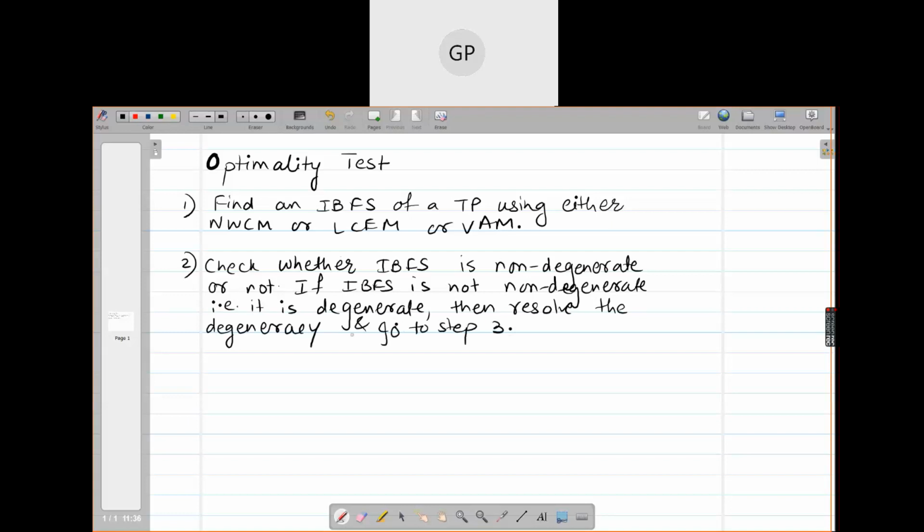Now, how to resolve the degeneracy, that we will see as a special case in TP.